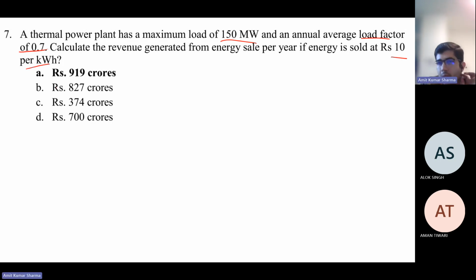So I think you should know you have to convert the megawatt into kWh. Those who are preparing for GATE, it's a good question for you.